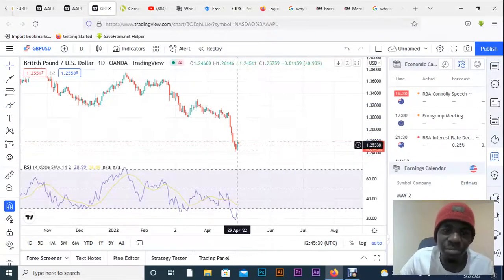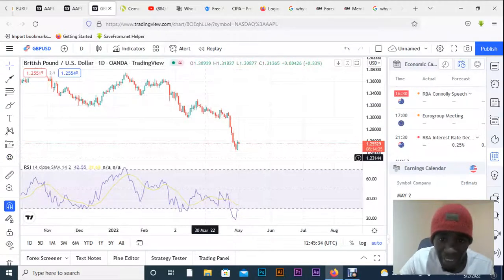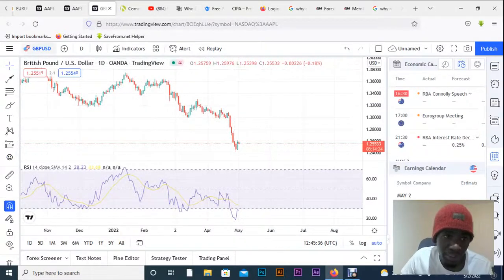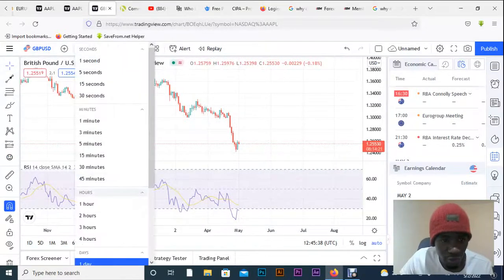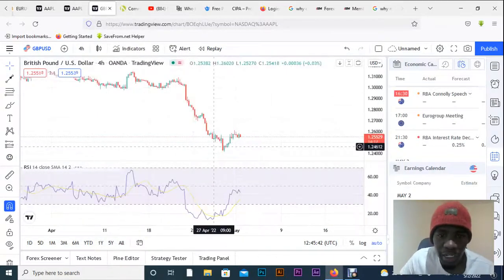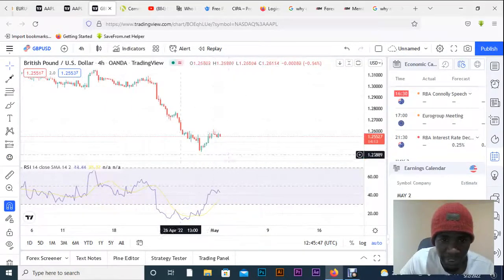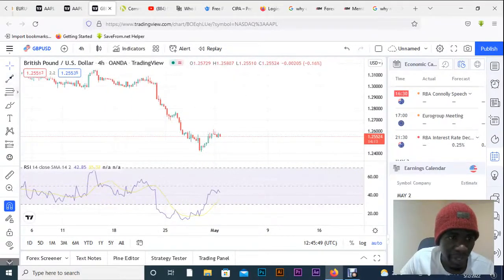But we can't yet make a decision, guys, because we don't know what pattern is forming here on the GBP USD. So let's go to the 4-hour and see what is happening. When you look at the 4-hour, you can see that we have a mini resistance.